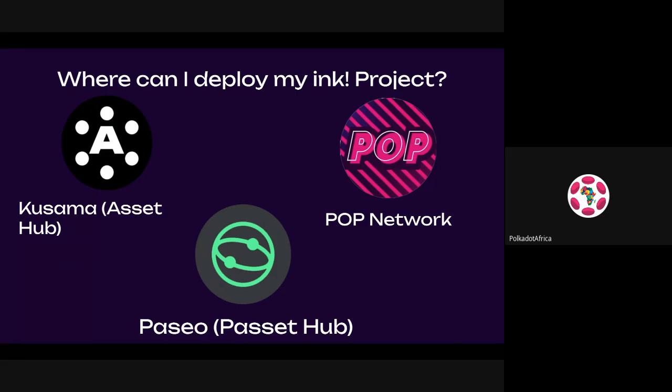So these are some of the networks you can deploy ink contracts on now, right? Like I said, ink is a smart contract programming language based entirely on Rust. In fact, it is practically Rust, right? It's called an embedded domain-specific language, which in layman terms means that we use Rust and something called macros, and we created a new language that is basically just Rust.